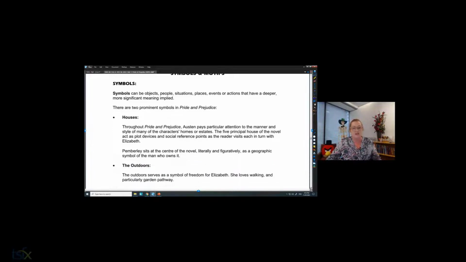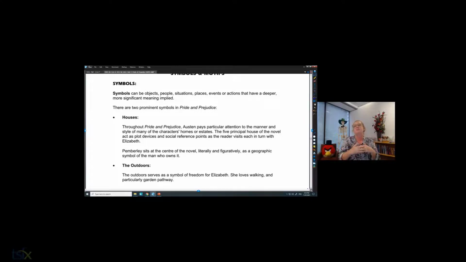The first one is houses, and we see some really different houses. I mentioned before that Rosings Park is very austere, it's fancy, it's all about a show of wealth, the carriage with all of the horses. Pemberley is arguably an even finer house, but it's not described that way. Austen doesn't focus on all of the fittings.